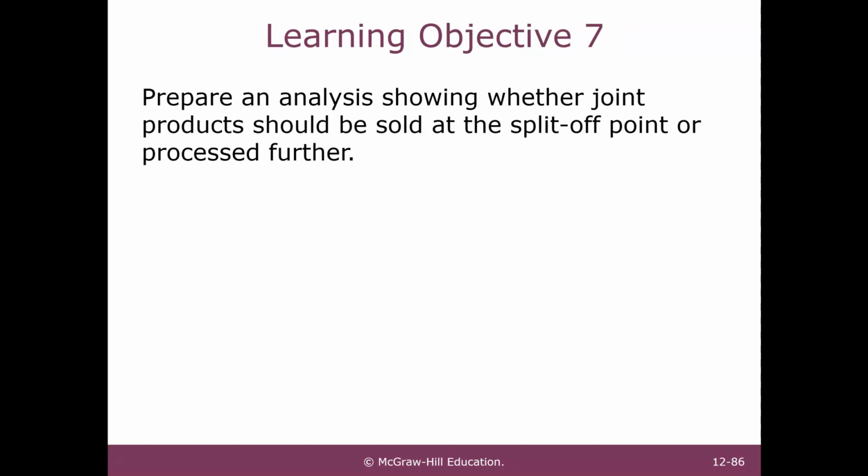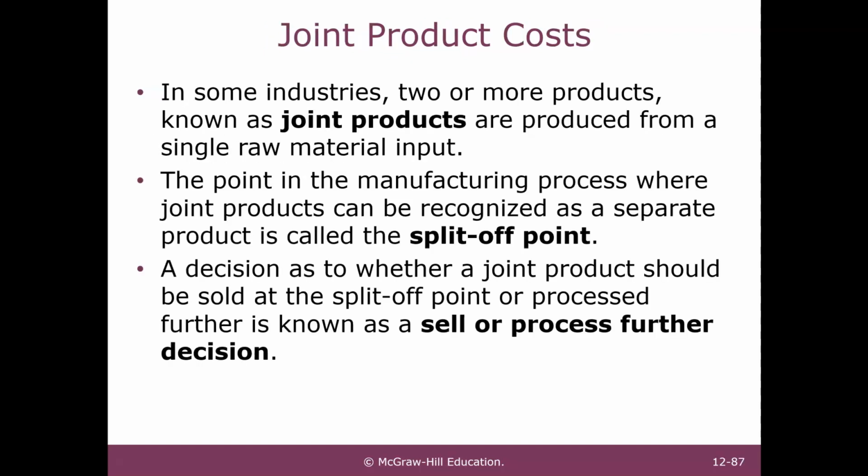Okay, let's look at the split off point. This is when you have a product and you can either sell it as is or you can process it further. When you have two or more products together that you can produce, they're known as joint products because they come from the same raw material input.